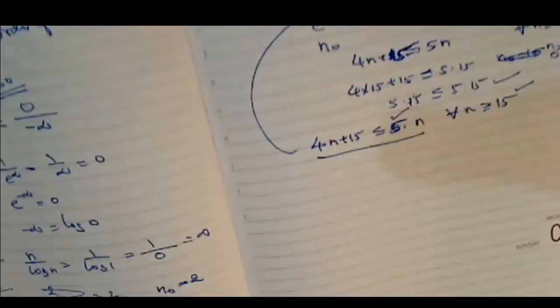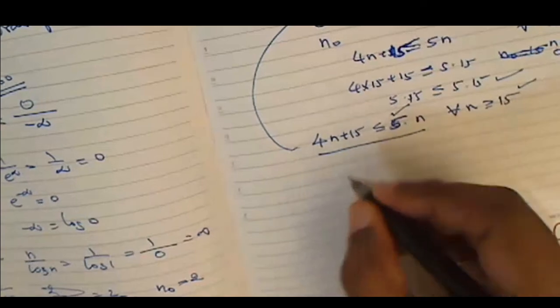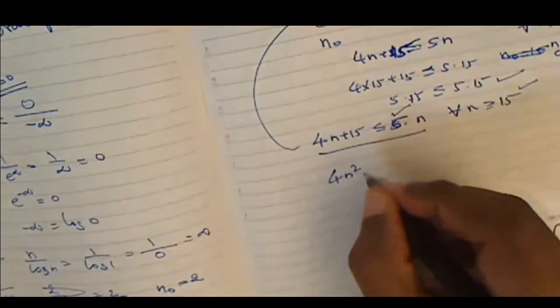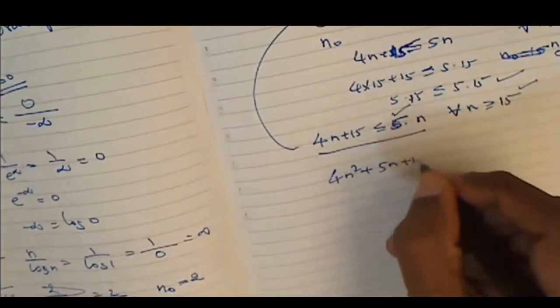to justify this. Let us assume that I have another function, and that is 4n square plus 5n plus 12. Okay, so here what is the asymptotic value? Anyway you remove the constants, finally n is there, and here n square is there.